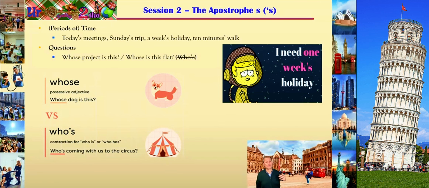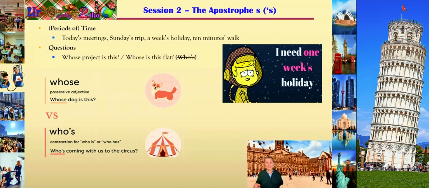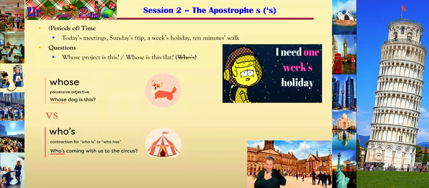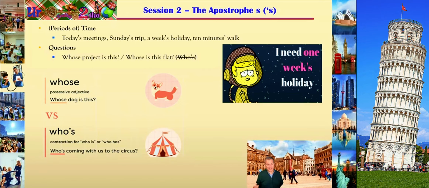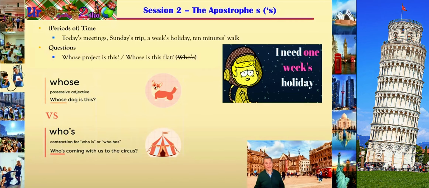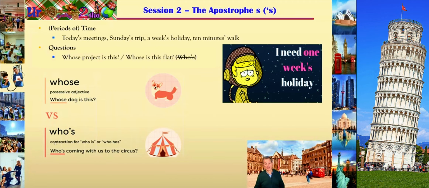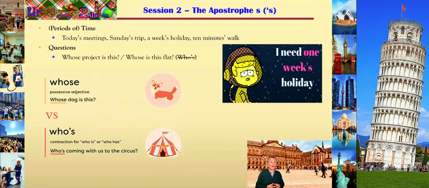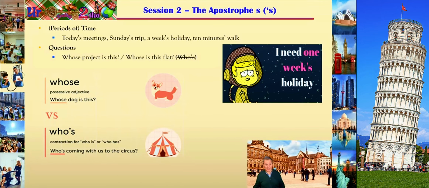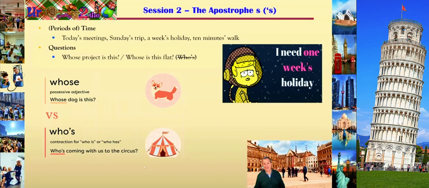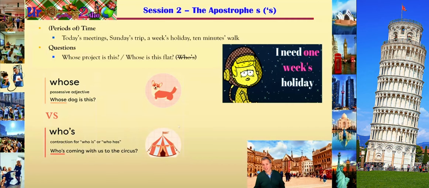The only possibility to know the difference is just the environment, right? The context, your background. If you, for example, say, who's coming with us to the circus? Of course, you're not going to understand possession. You're going to understand a question with the verb to be, right? And if you say, whose dog is this? It's obvious that you are asking about possession.